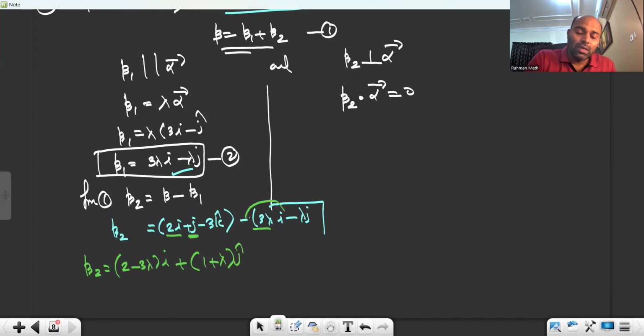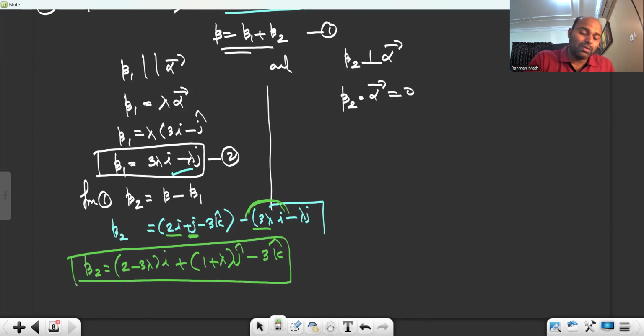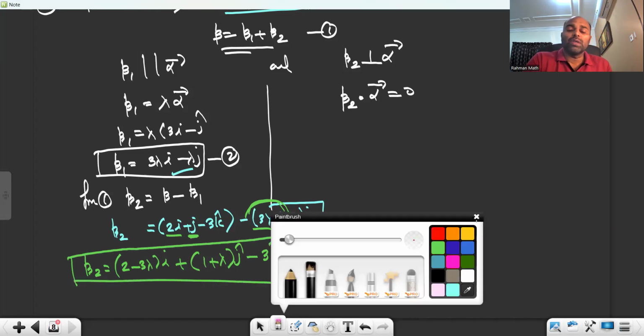Why 1 here? Because here minus 1 is coming, plus lambda. And the k term is minus 3k. So this is your beta 2. Just keep it in a box. Anybody have a problem, let me know. This is equation 3.